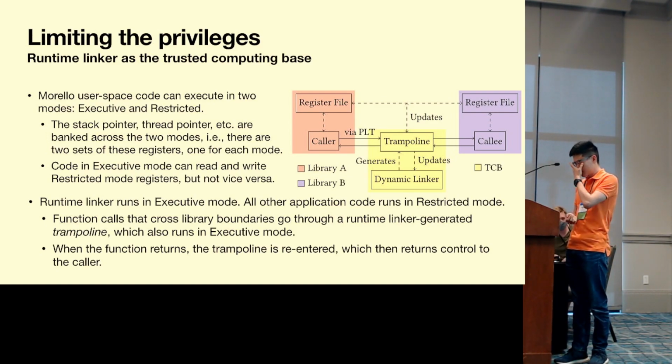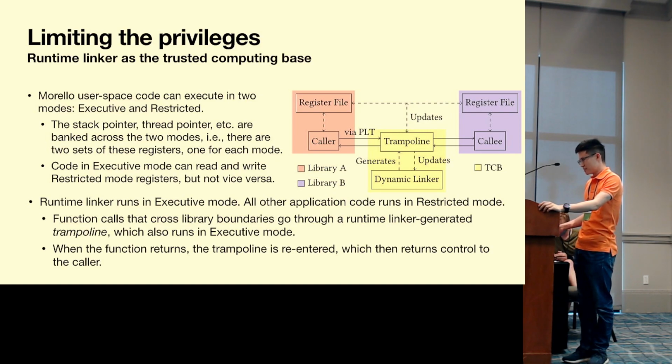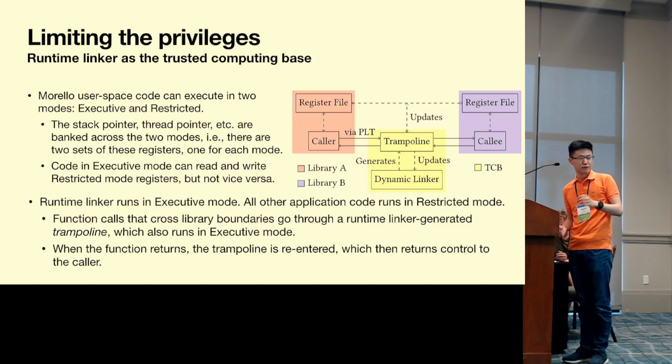This trampoline also runs in executive mode. So we have this trusted intermediary that will enforce certain security policies that we desire when we transition from one compartment to another. Similarly, when the function returns from the called compartment to the calling compartment, the trampoline will be re-entered and will reverse all of those changes that it has made.